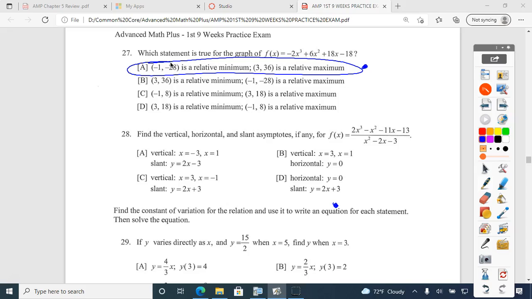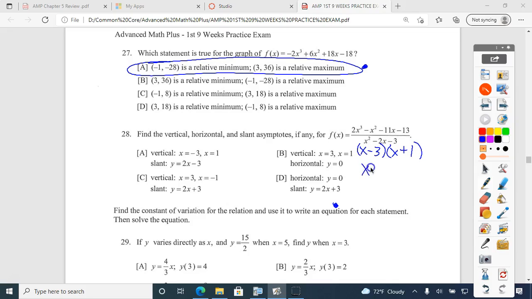28 says find the vertical, horizontal, and slant asymptotes, if any, for f of x equals 2x cubed minus x squared minus 11x minus 13 over x squared minus 2x minus 3. I'll get the vertical asymptotes first because they're the easiest. You just factor the bottom, which factors into x minus 3 and x plus 1.